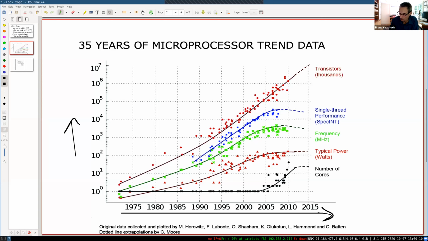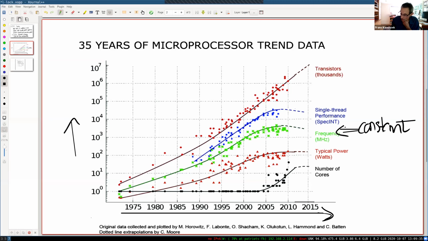And there are different types of units depending on which line we're looking at. But the thing to look at is that, over the last decades, starting in the 2000s, the clock frequency hasn't really increased anymore. So basically this has plateaued.